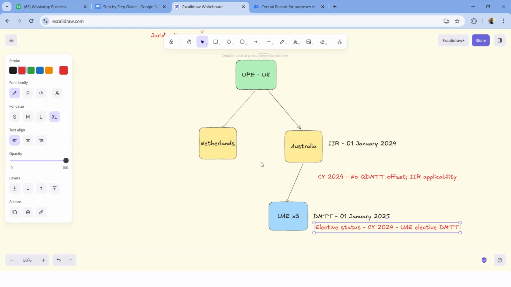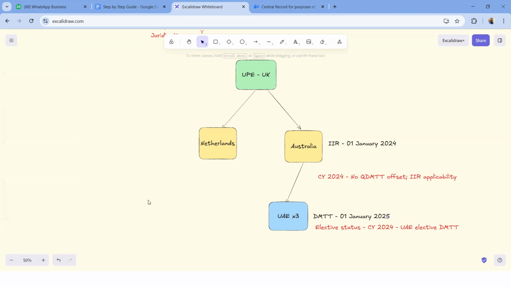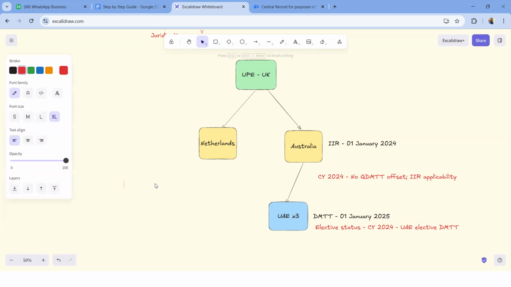Okay. So here in this example, UAE DMTT, which is elective for 2024.